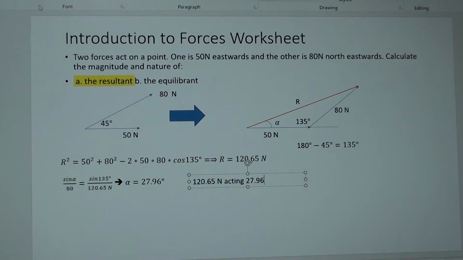27.96, make sure to put degrees, and that's just to specify the angle. Now there are two ways to describe that.